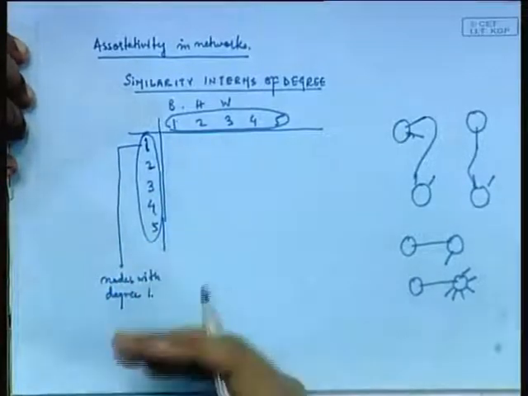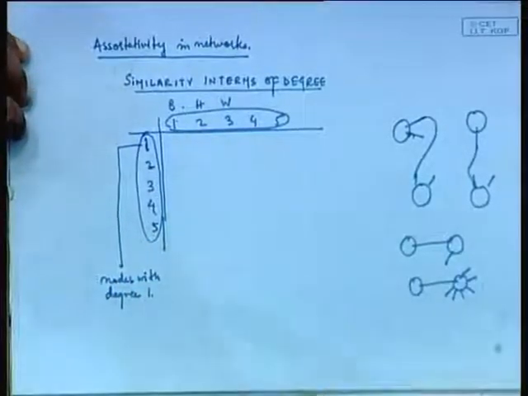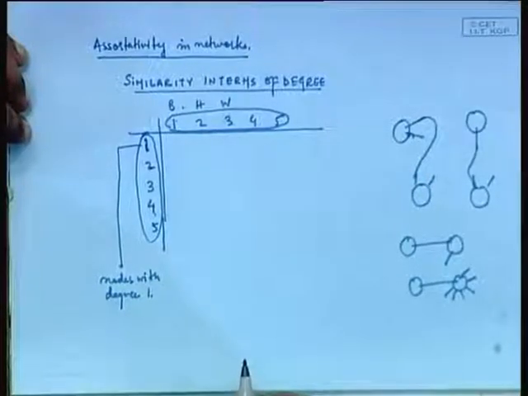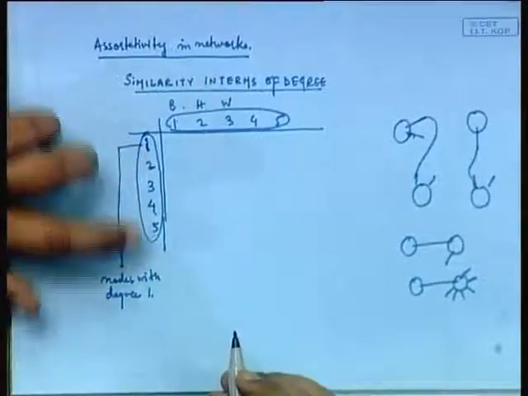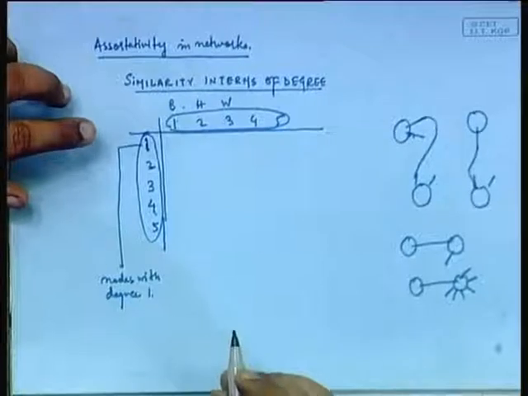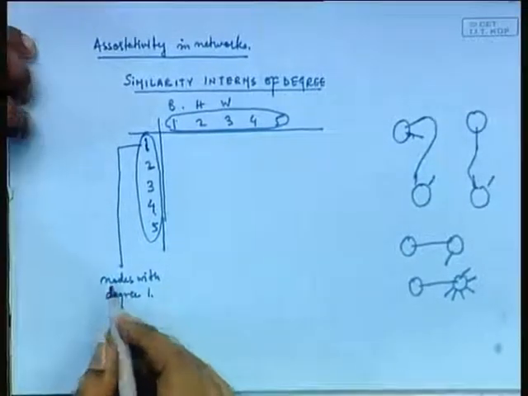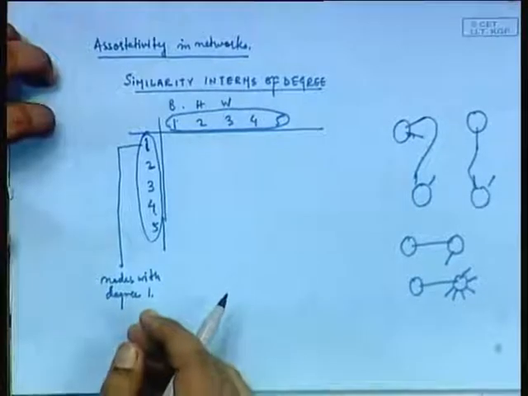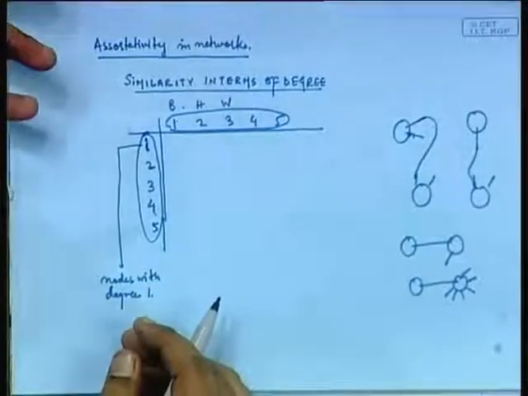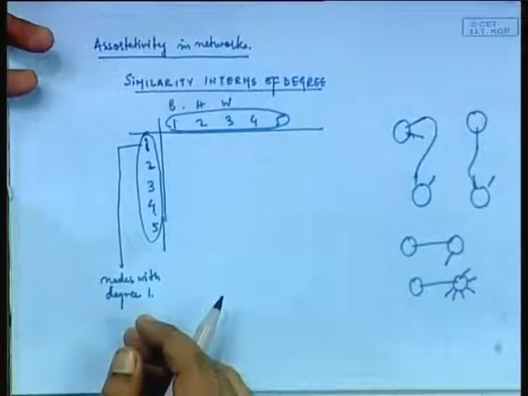So, it is a similar type of sets. Here also it was on types of vertices, here also types of vertices: nodes with degree 1, just like the type of people with black skin color.